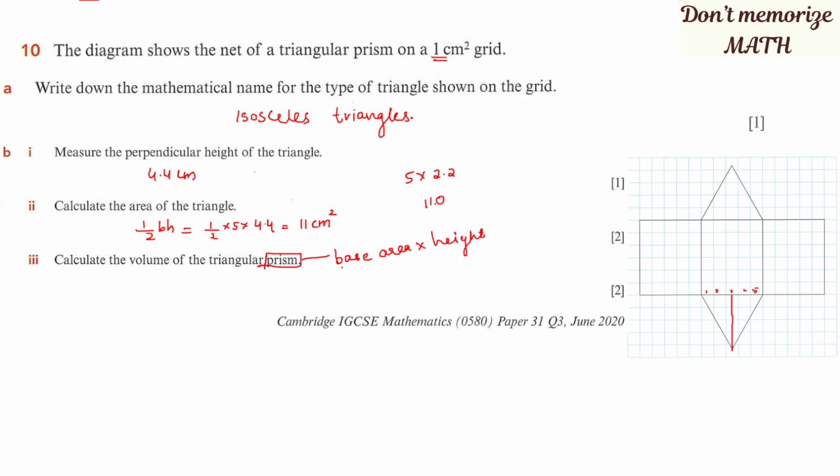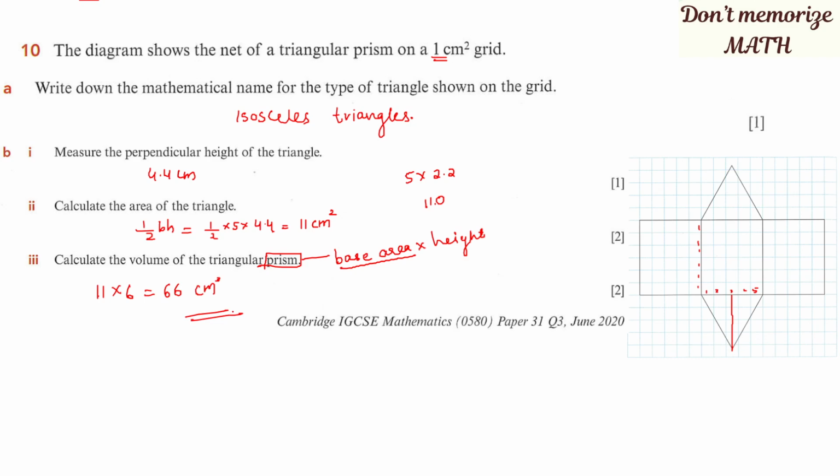Base area means triangle area. Triangle area we already got, 11. What is the height? Height means height. So let's calculate the height: 1, 2, 3, 4, 5, 6. So 6 is the height. 11 times 6 is 66 centimeter cube, the volume of the triangular prism.